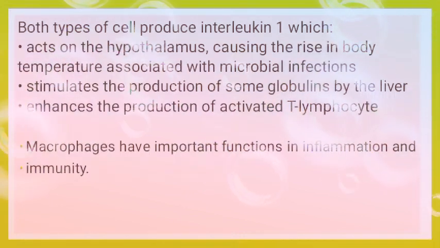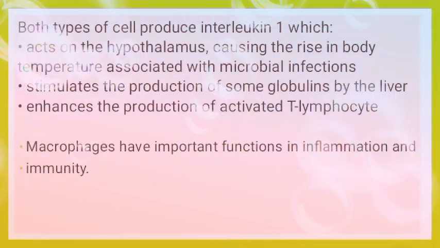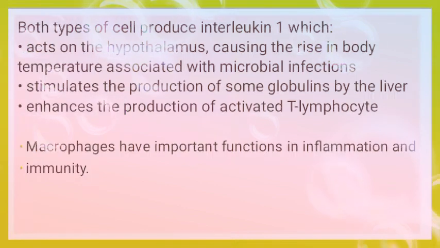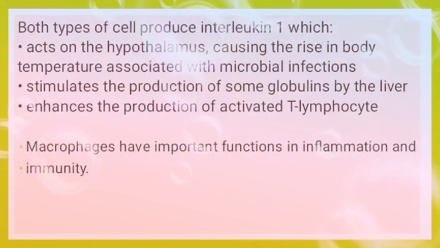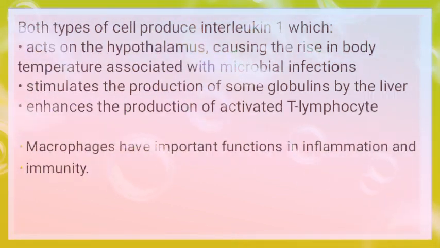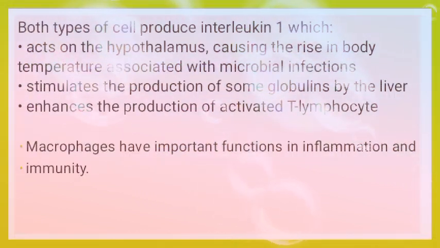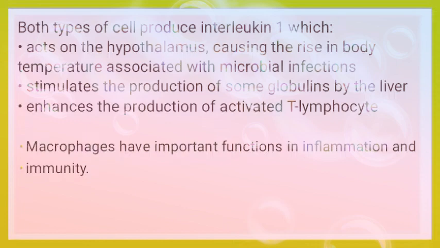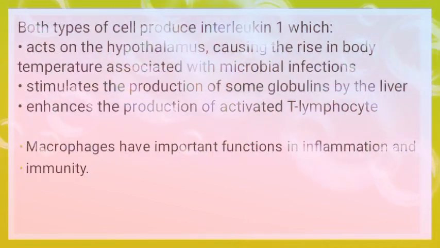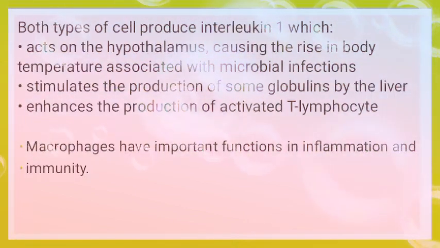That's why when a person has a bacterial infection, there will be an increase in body temperature. Why? Because of the antigen-antibody reaction that will be taking place in the body, and also the stimulation at the hypothalamus, which works as a thermoregulatory center.